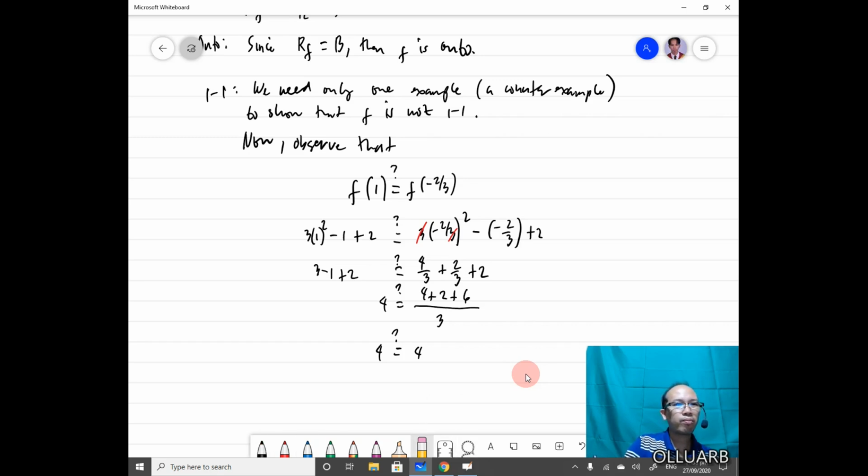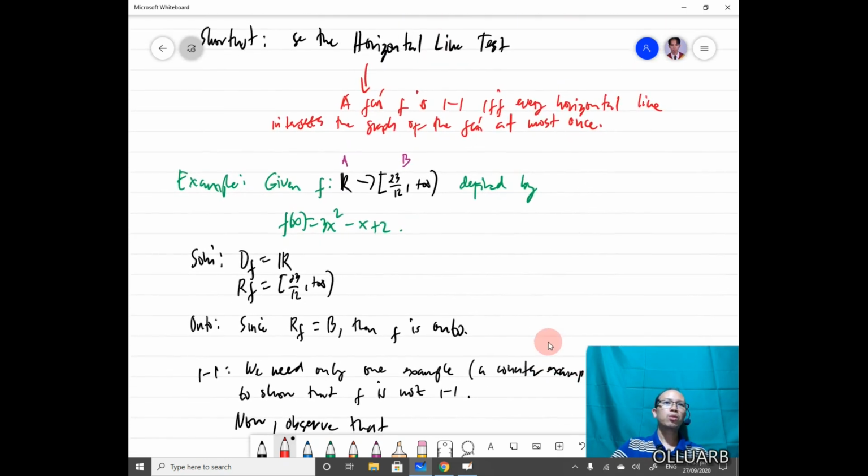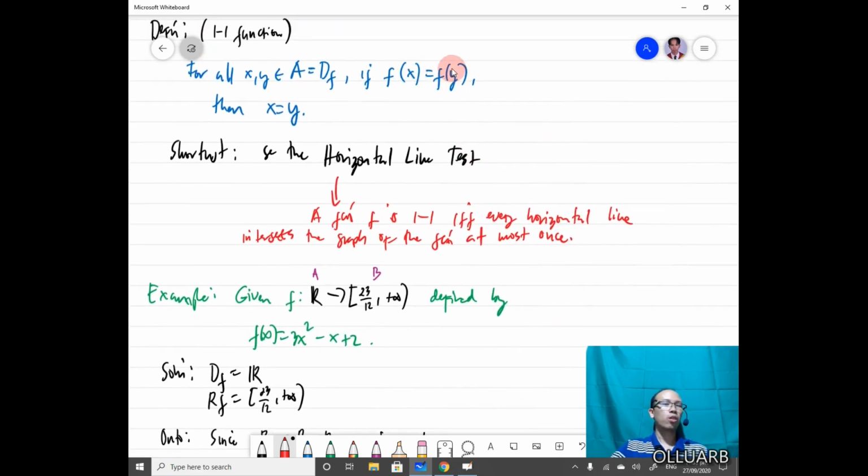So notice that in the definition we have shown that f of x is equal to f of y, and this is our assumption. We have to show that x must be equal to y. These two values must be equal.